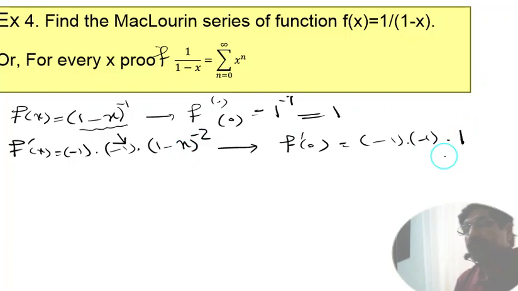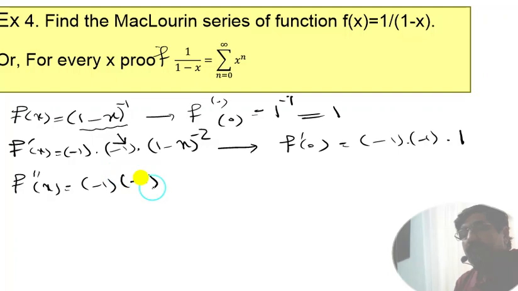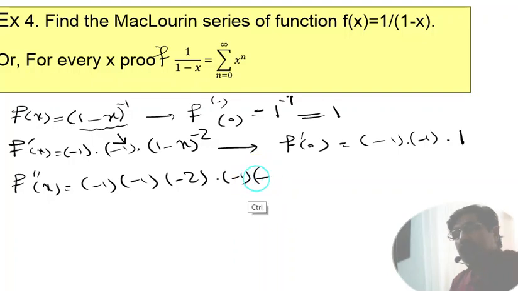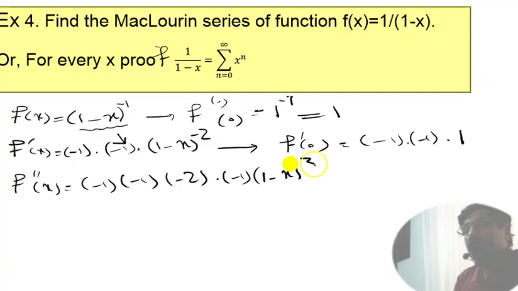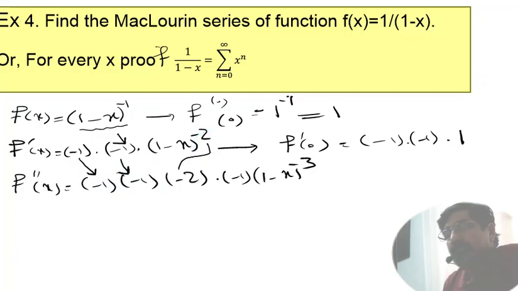The second derivative is minus 1 times minus 2 times (1 minus x) to the power of minus 3, and the derivative of 1 minus x is minus 1, so negative 1 to the power of 3.